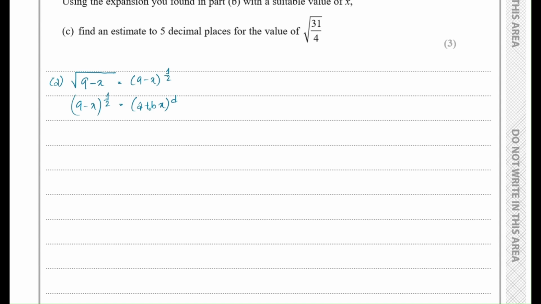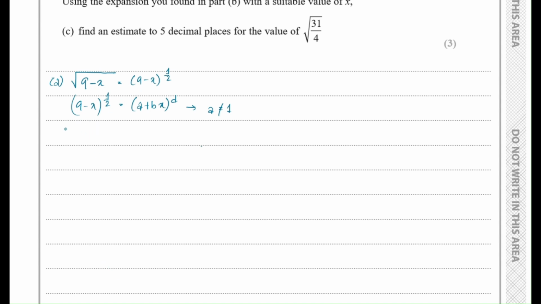The problem is that a is not equal to 1, a is equal to 9 here. So we can't use the normal expansion format here.